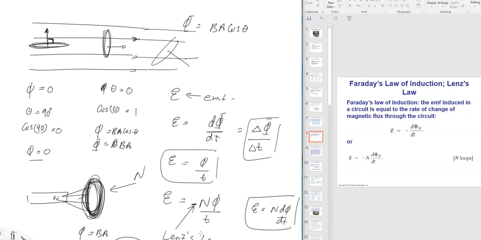You can think of something like this: you are moving a magnet to the left, the coil tries to push it away. You try to move the magnet away from the coil, it will produce a magnetic field to pull it back. So actually this is what happens. When you are bringing a magnet in, you are increasing the magnetic field inside the coil.